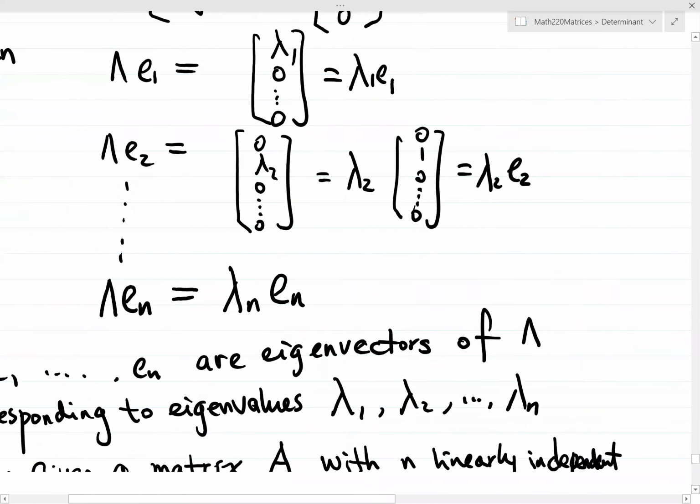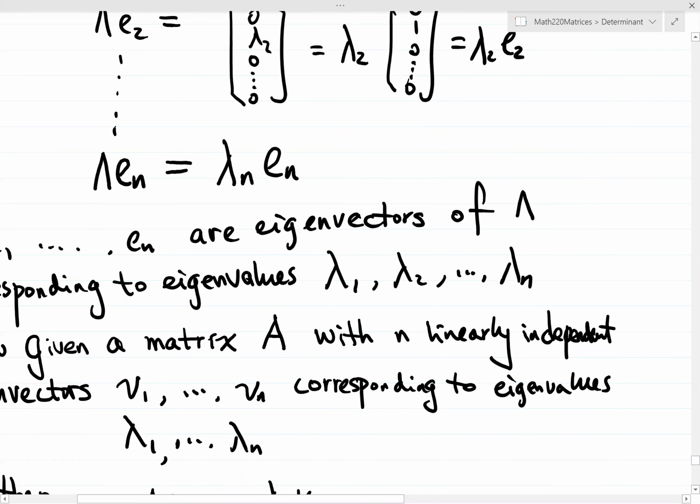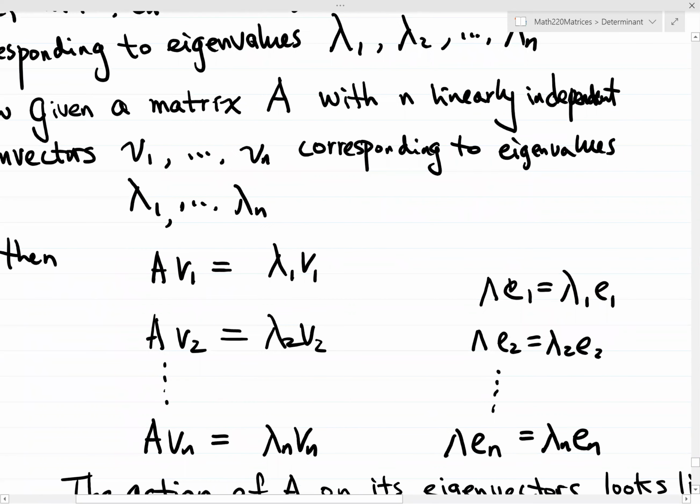Now suppose we have a matrix A with n distinct eigenvalues lambda 1, lambda 2, up to lambda n, with corresponding eigenvectors v1, v2, up to vn.